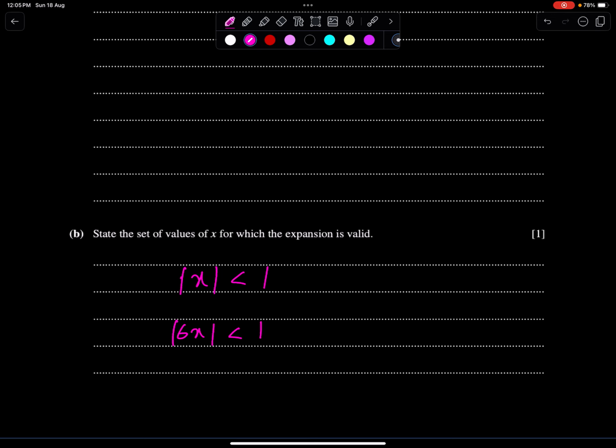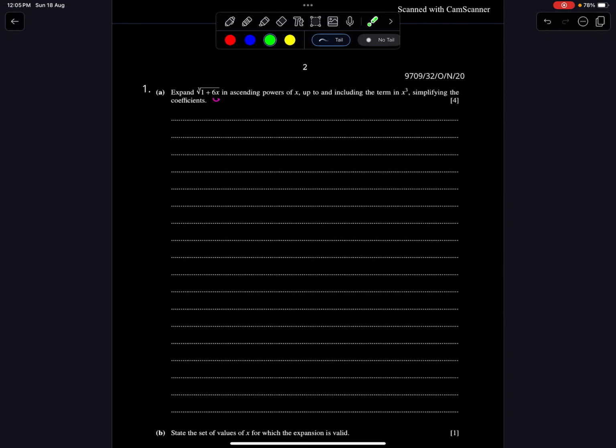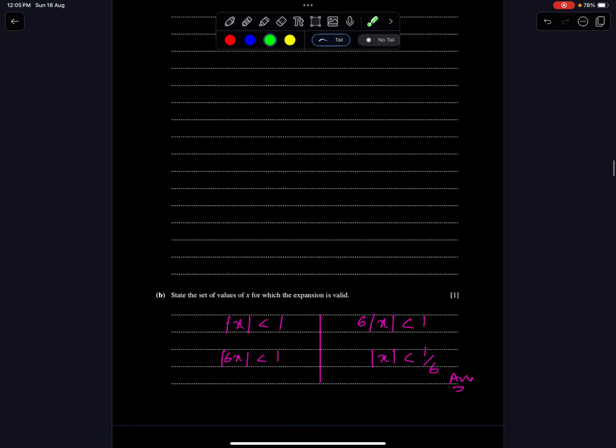So 6 modulus x less than 1. And finally we have modulus x less than 1 upon 6. So this given expansion is valid for these values of x.